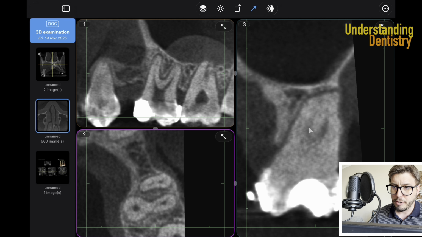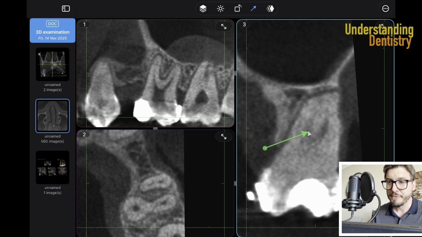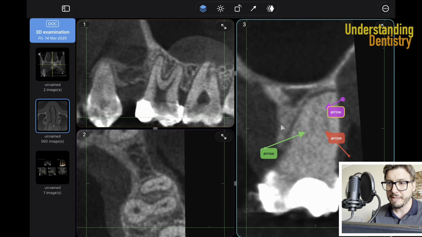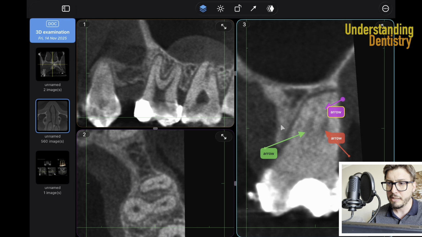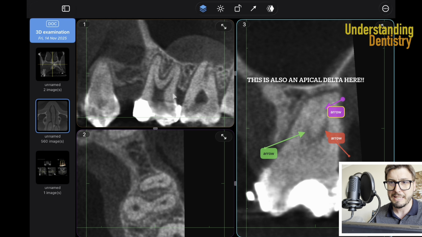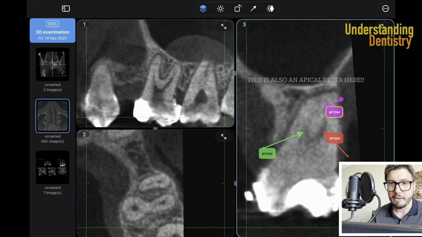They start at the floor of the pulp chamber, they split, and they get together back again close to the apex, okay? So this would be the MB2, the palatal one, this would be the MB1, and they are getting together here. If you are not so sure about this, navigate through the planes again, and you guys will make sure that this is actually what is happening, okay?